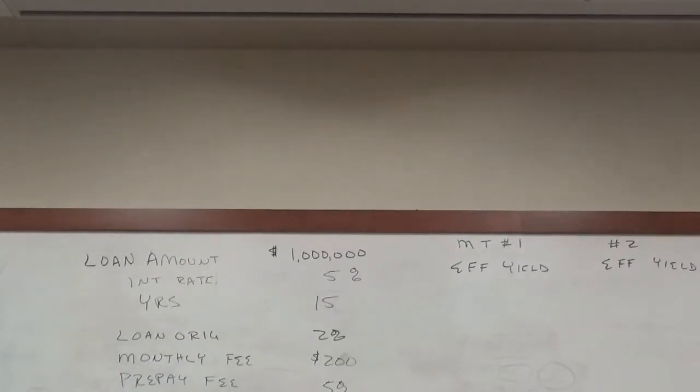All the interest rates are going to be fixed at 5% all the way down. Okay, so I want 3 numbers, your effective yield for each of the 3 mortgage types with those inputs on a single sheet of paper with your name. That's all I need. And if you want to wait around after you turn it in, then I'll punch it in on mine and I'll tell you what it is.